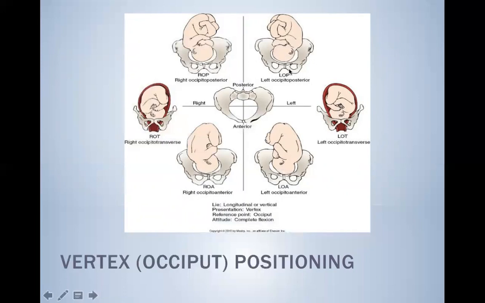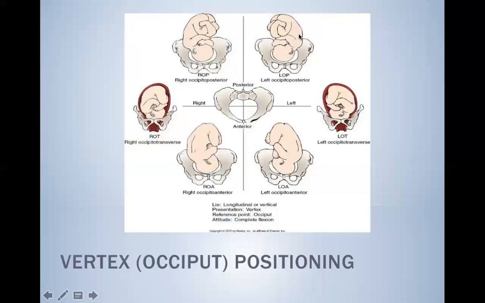So you can see here with our ROP and LOP, not only is the baby itself facing. You can see here the back is towards mom's front, so we have some space here where the arms, the legs, and the limbs are.